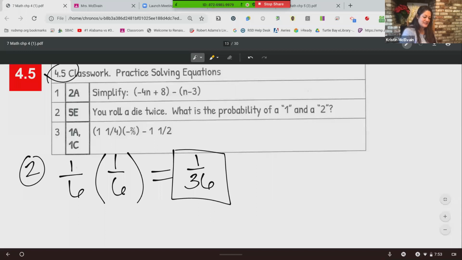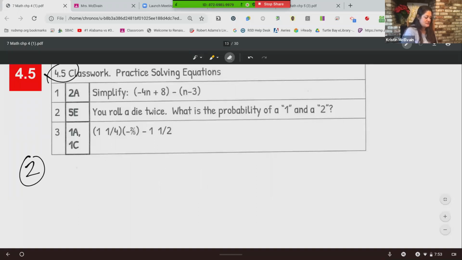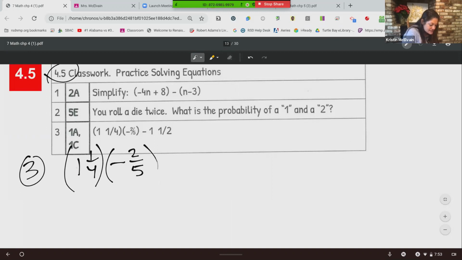Okay, brings us to number 3. I have 1 1/4 times negative 2/5 minus 1 1/2. Right?